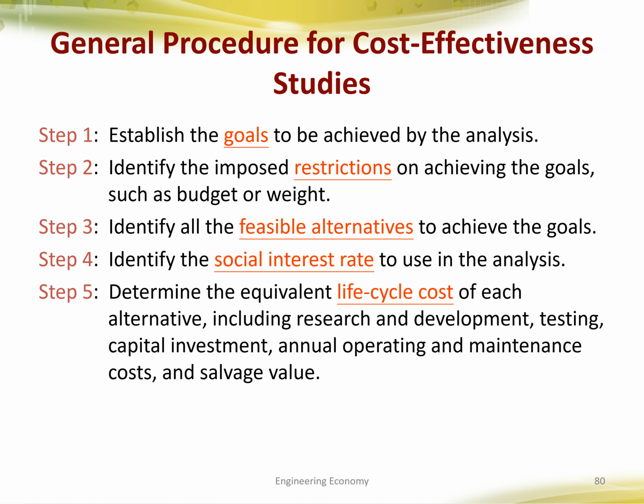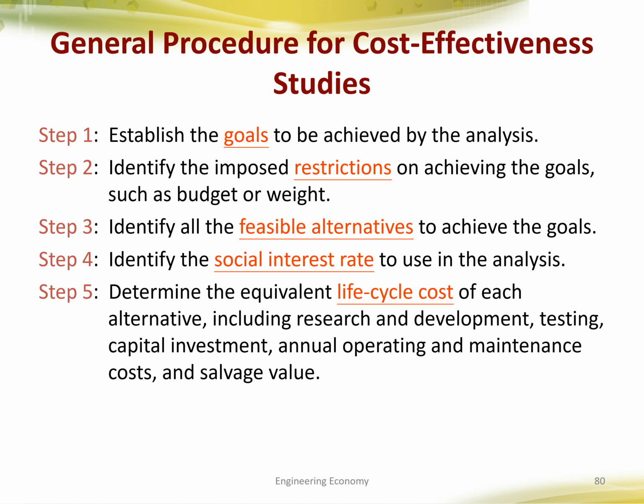They can all reach the goal, but we haven't done more detailed analysis. But we need to identify all the feasible alternatives. If we want to consider transportation, there are many feasible alternatives. If we want to build certain products, there are many feasible alternatives. We want to identify all of them.